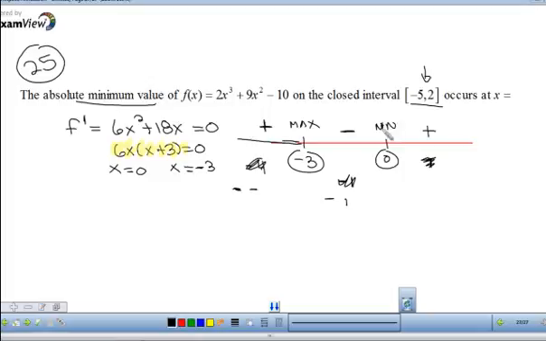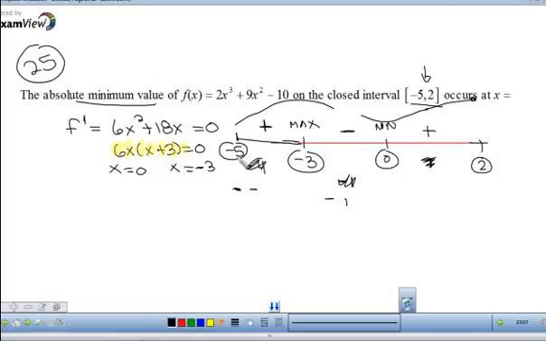So I am just going to check negative 5 and 2. Remember, since it's the absolute, I have to check the endpoint. Since I'm coming this way, then I'm going increasing. So 2 is going to be either an absolute max or an absolute min.